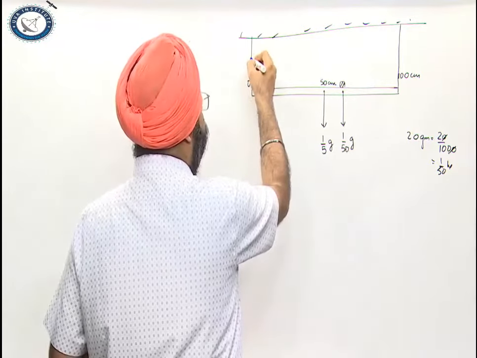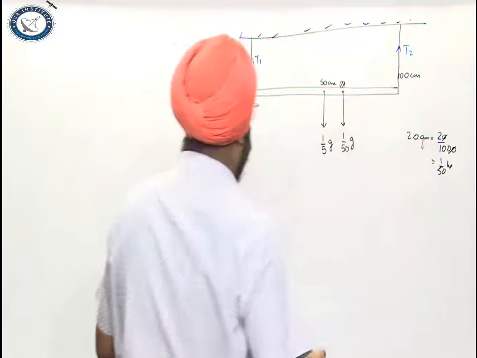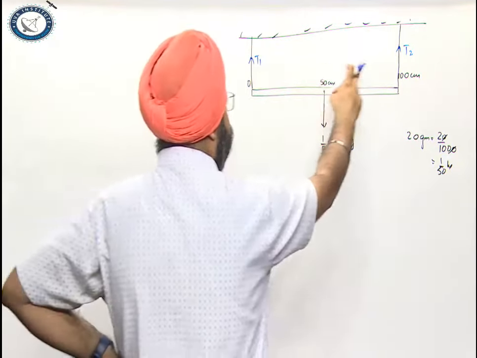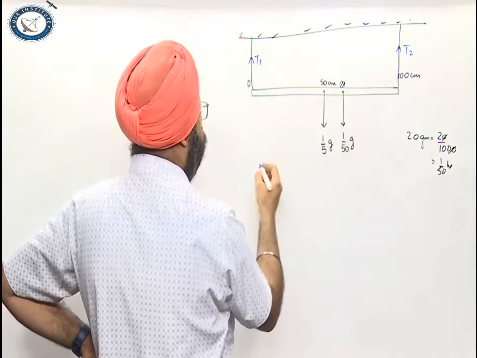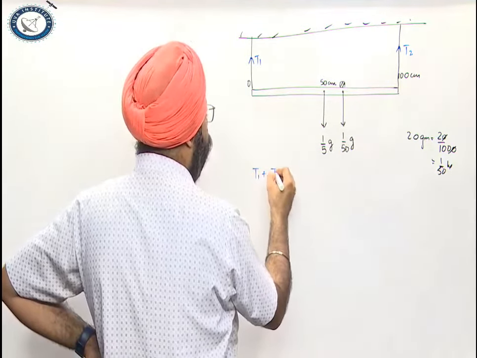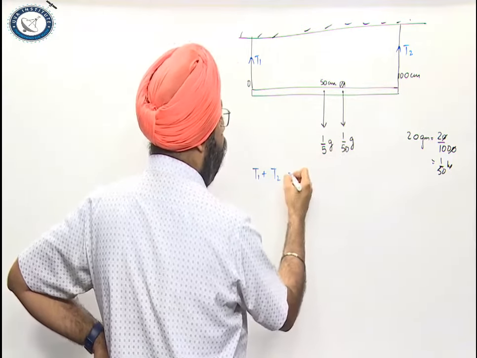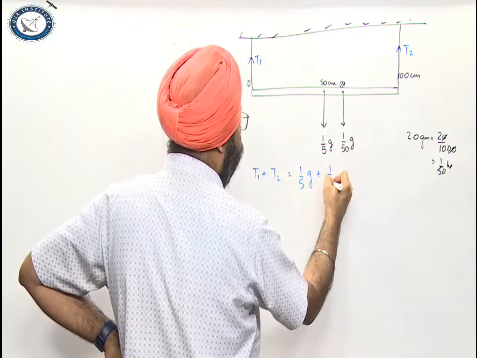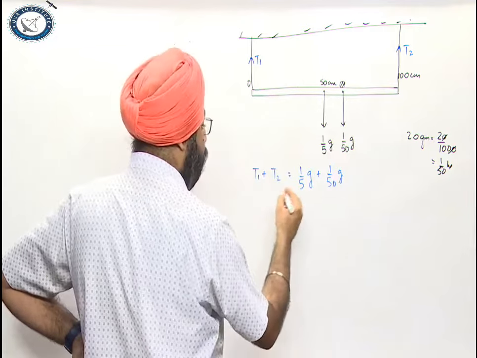Now, the tensions in the two strings are T1 and T2. Let us say this is T1 and this is T2. The net force in the upward direction is T1 plus T2, and the net force in the downward direction is 1 by 5 G plus 1 by 50 G. Let's take the value of G as 10.